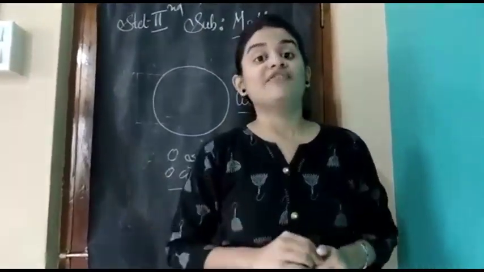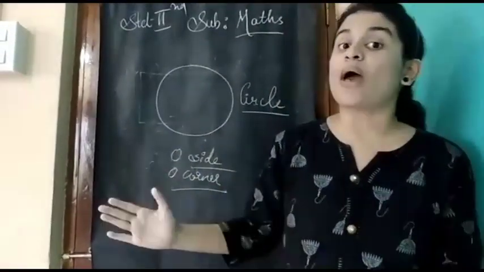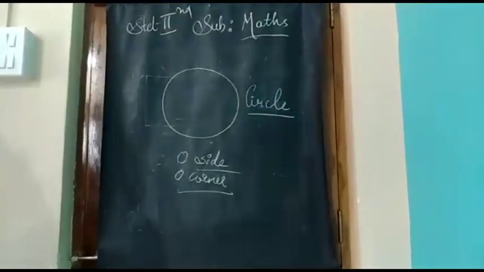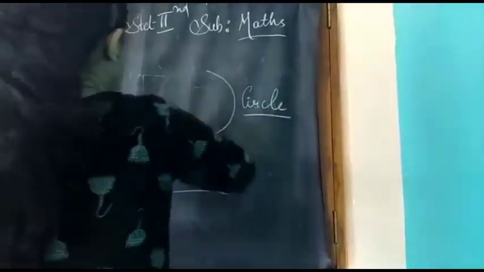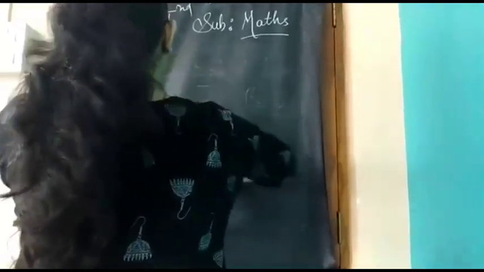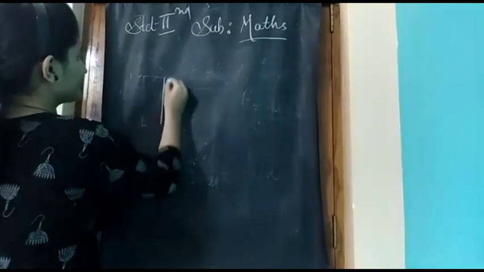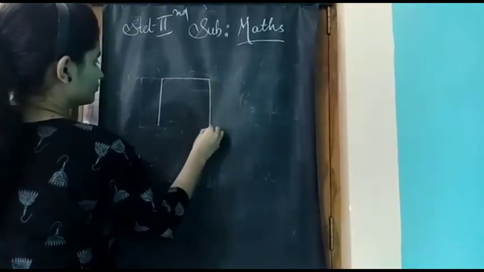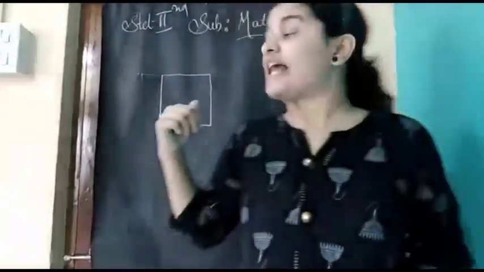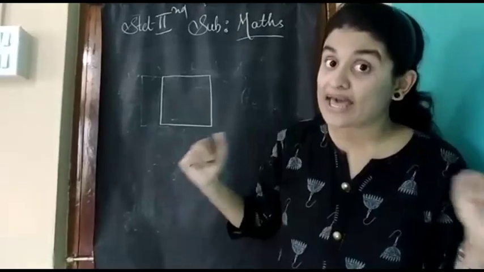Okay? Now we are going to see the next figure, that is square. Let's see it. Students, the figure that I have drawn on the blackboard is known as square.